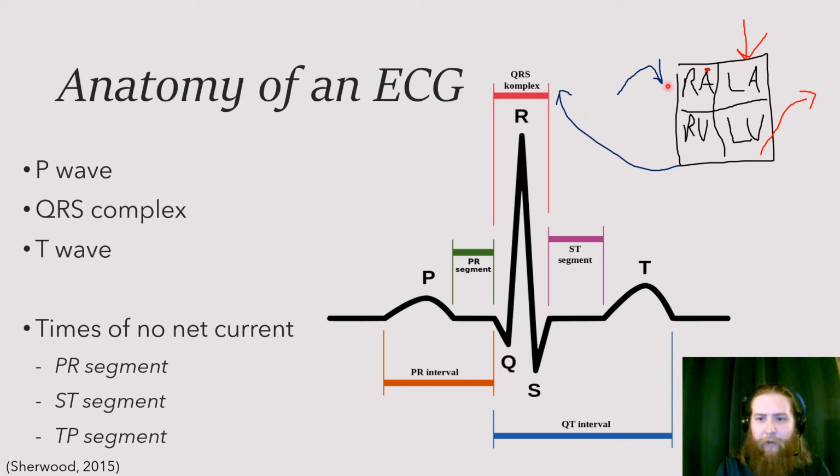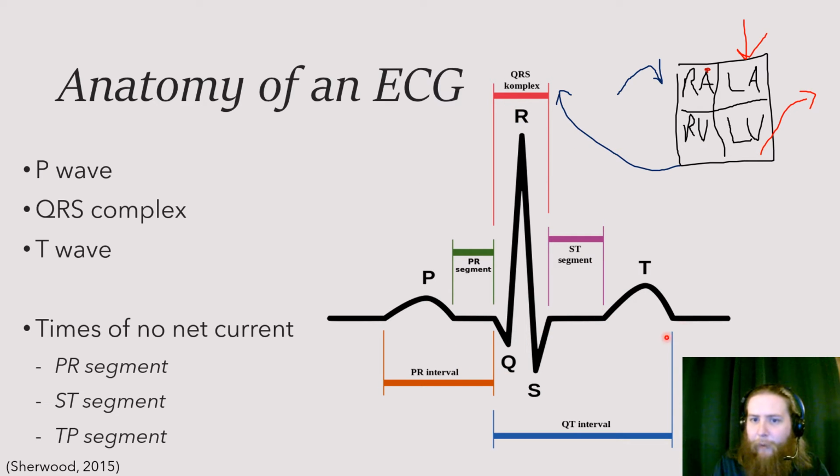There is electrical current happening there, but we don't see it until this larger depolarization of the atria actually occurs. As this goes through the atria, this now goes down to the ventricles, and we get this big QRS complex. This big QRS complex is the ventricles depolarizing.